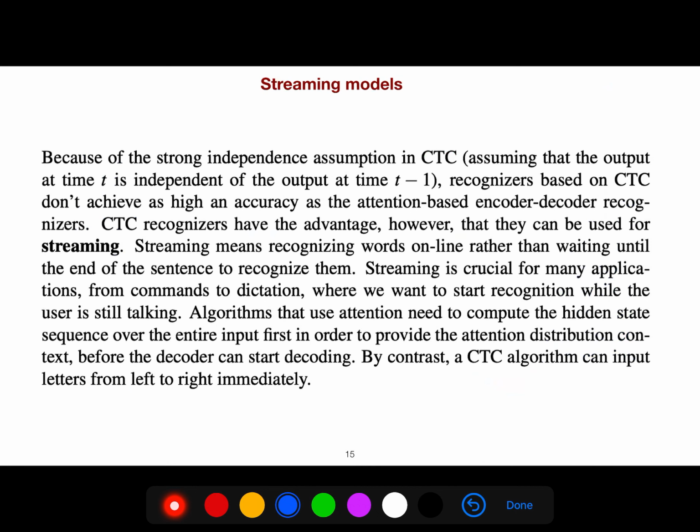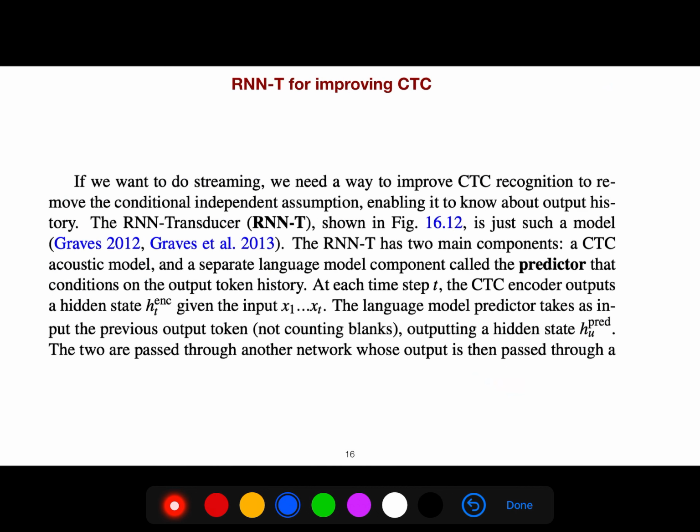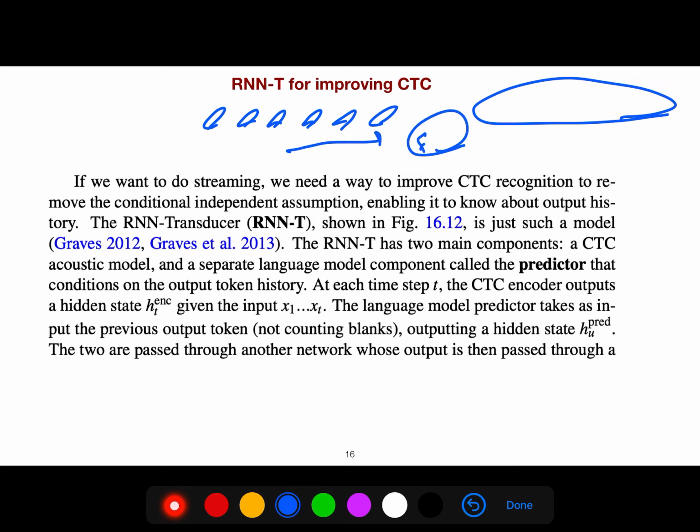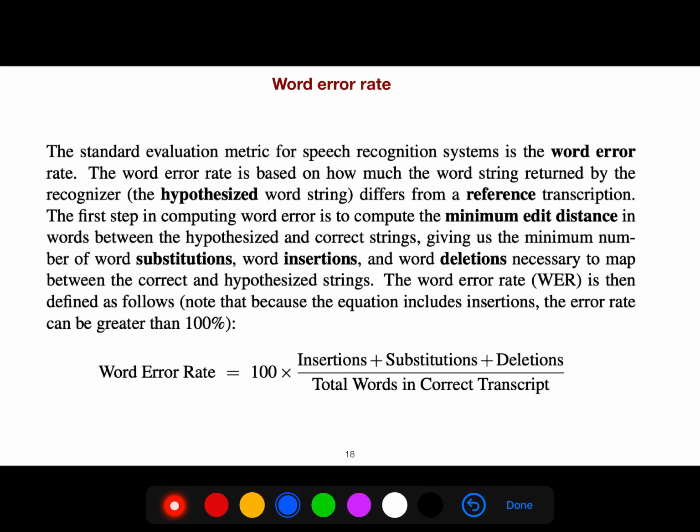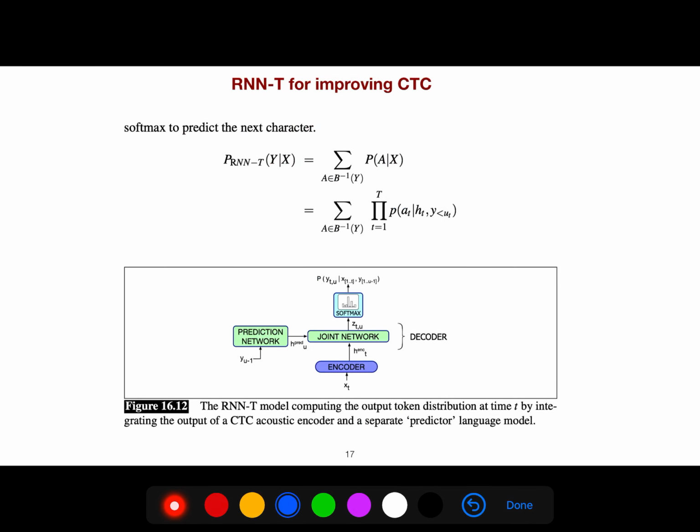And it is good for streaming models, because in streaming models we don't see the whole sentence at once. It's not offline. We are going letter by letter, so you don't see the future. The future is hidden from you. So here we can use this architecture that has an RNN, and we can improve the CTC, because we are also summing like before, but now we have a hidden variable.